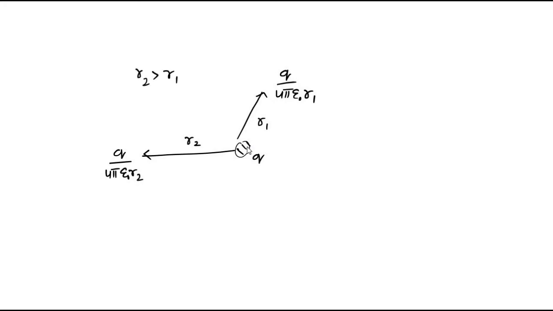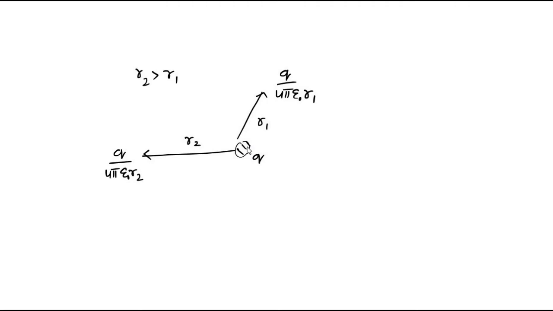So at a distance, let's say r1, at this point, the potential will be q by 4 pi epsilon 0 r1. At a distance r2, the potential will be q by 4 pi epsilon 0 r2. r2 is greater than r1.